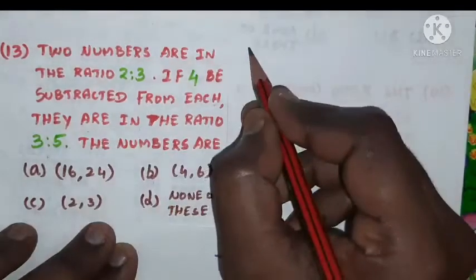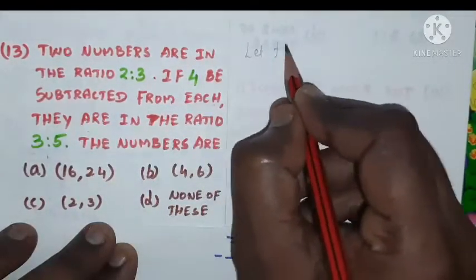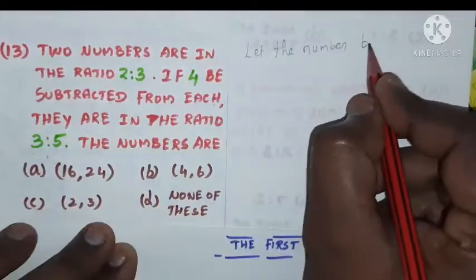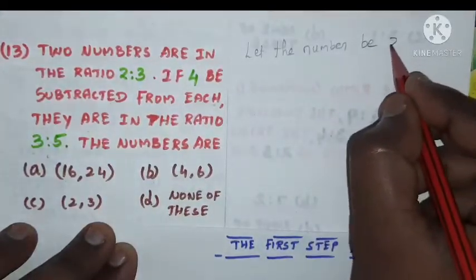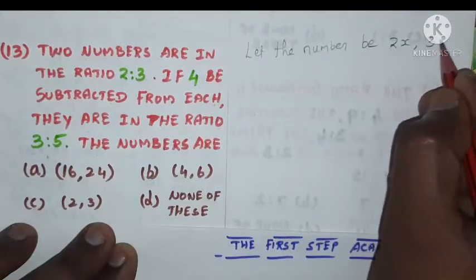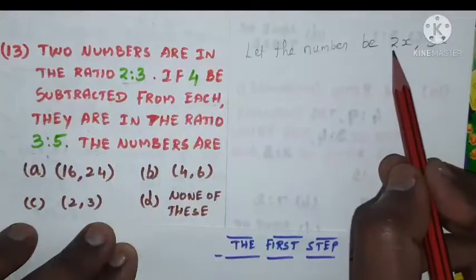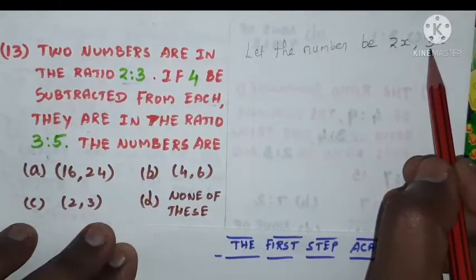Let the numbers be 2x and 3x. They have given us 2 is to 3, so let the numbers be 2x and 3x.